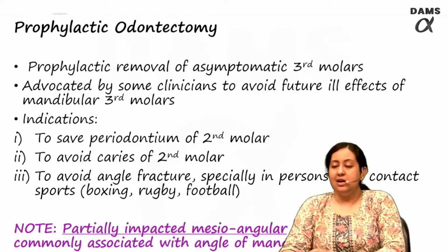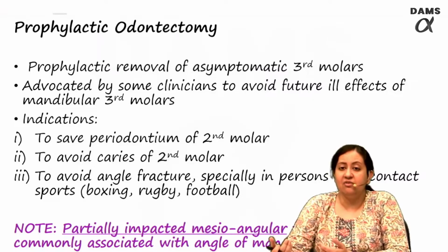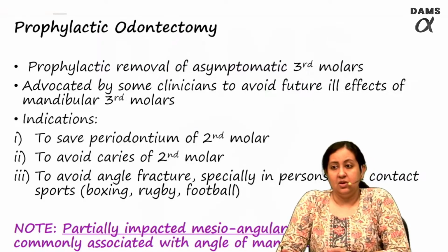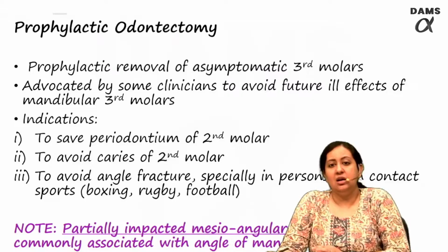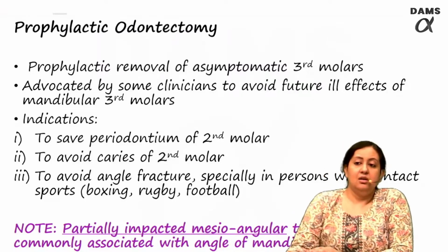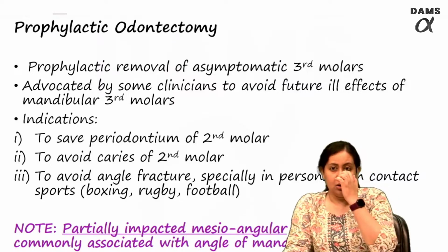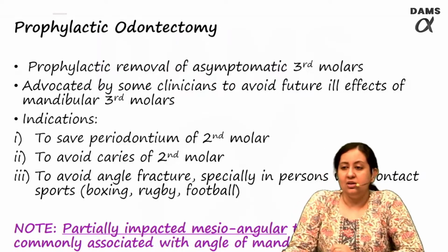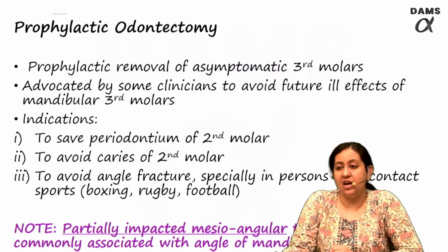And when do you remove these third molars? You remove them in their developmental stages. This concept was advocated by a few clinicians, few authors, who thought that if we remove the third molars in their developmental stages, we can prevent the ill effects that might trouble the patient.